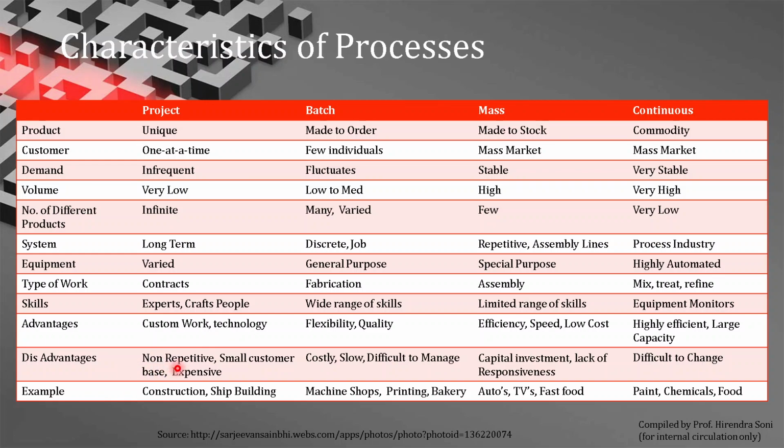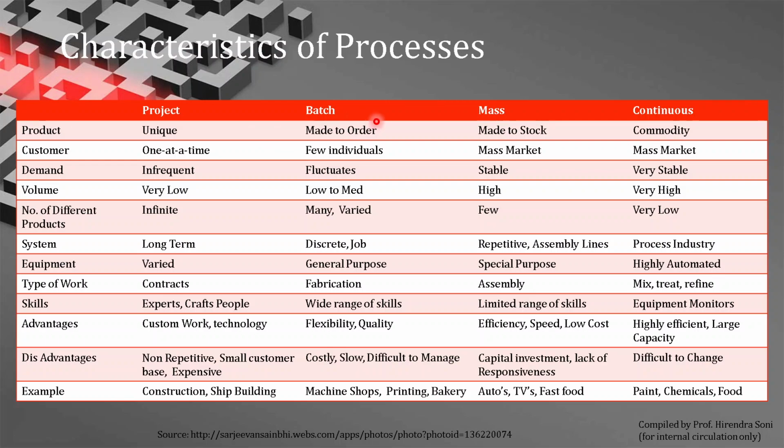Disadvantages are that it is non-repetitive and has a very small customer base. Moreover, it is expensive. Examples include construction, that is real estate, shipbuilding, planes. Okay, these are basically projects.